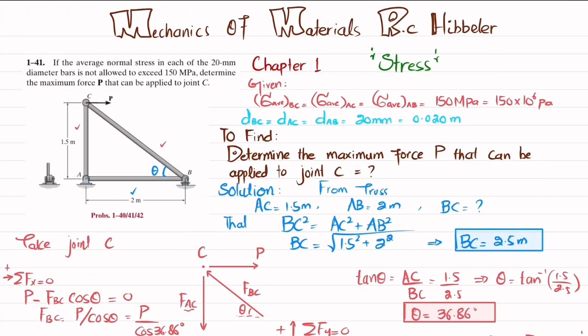We will find this FAB. So for that we will take this joint B and we will apply method of joint.